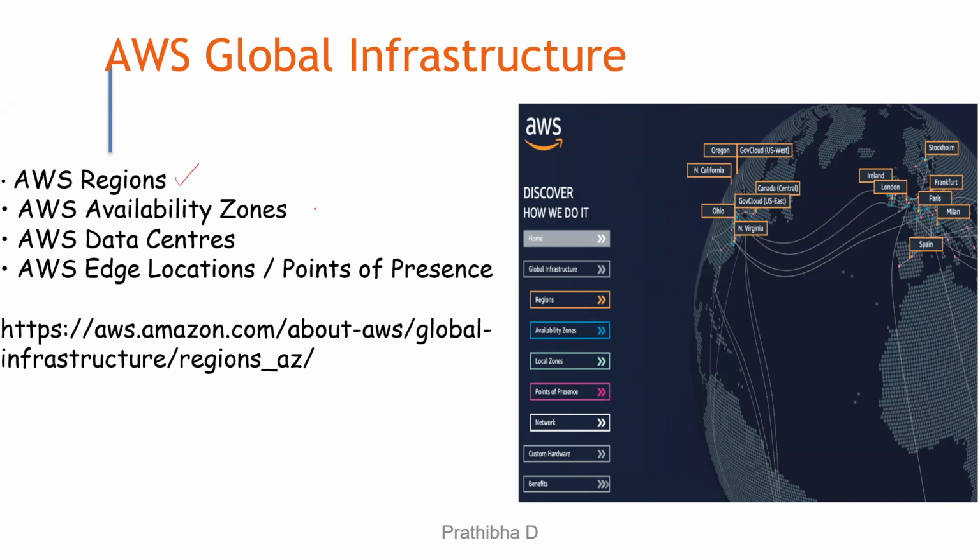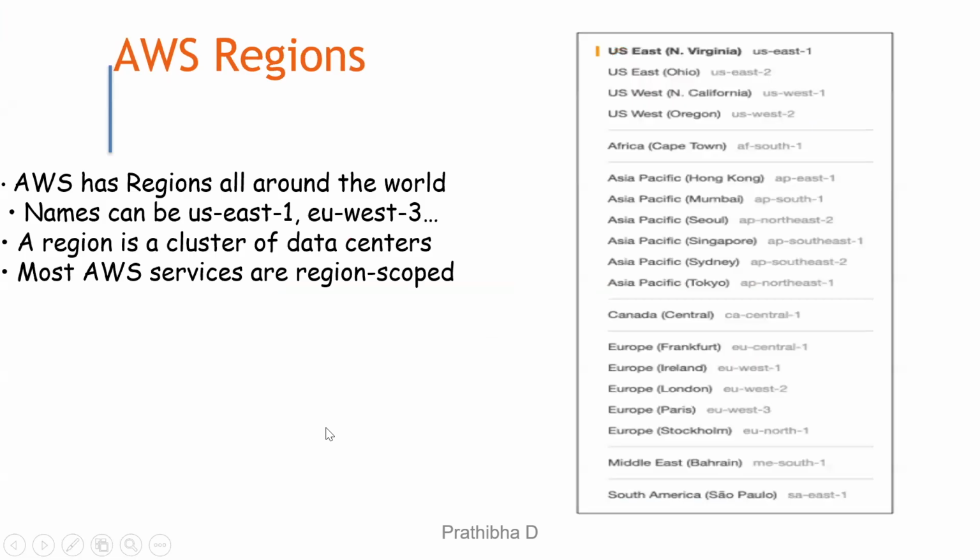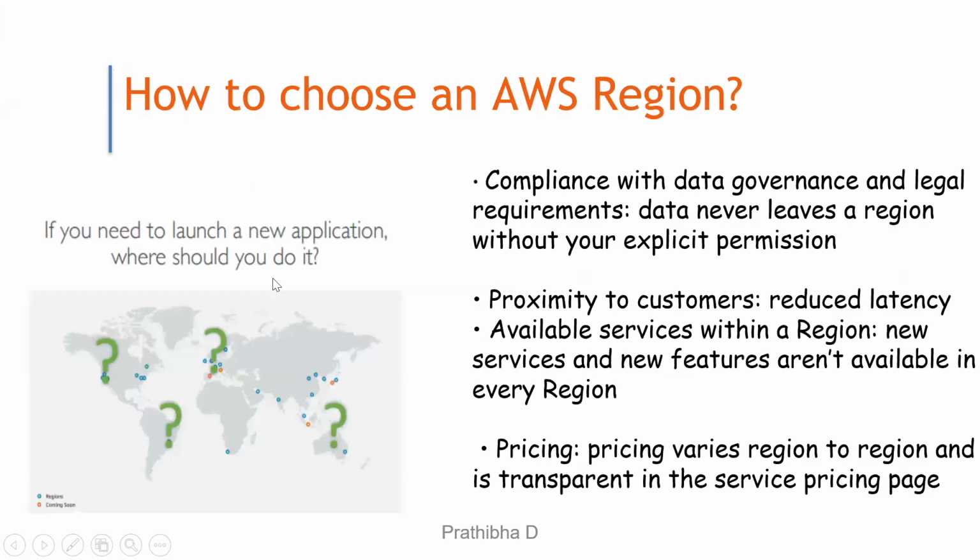What is a region? What is a zone? AWS data centers. A region is nothing but a cluster of all your data centers, a cluster of availability zones. In a particular region, I might have a group of zones. So a region is a cluster of data centers.